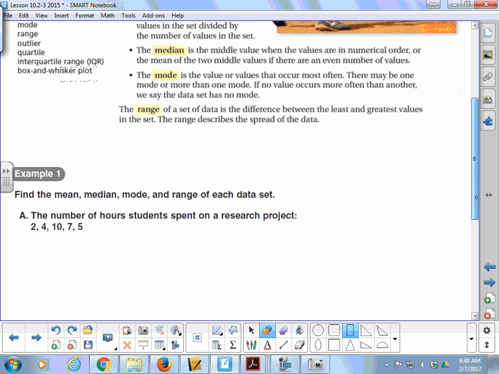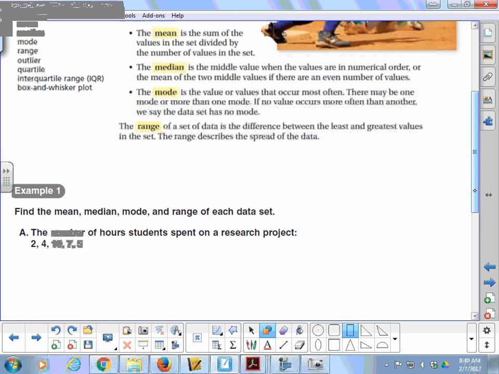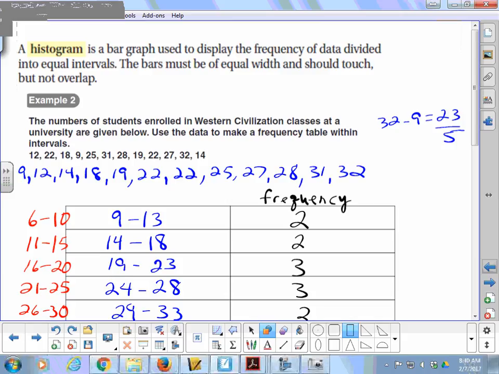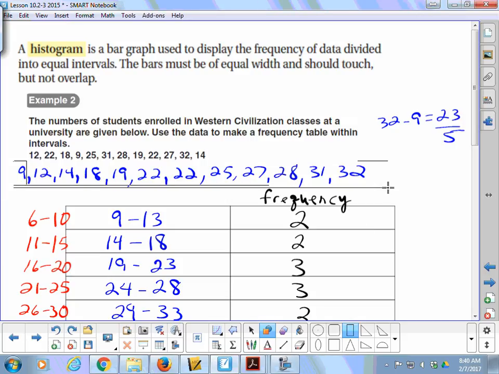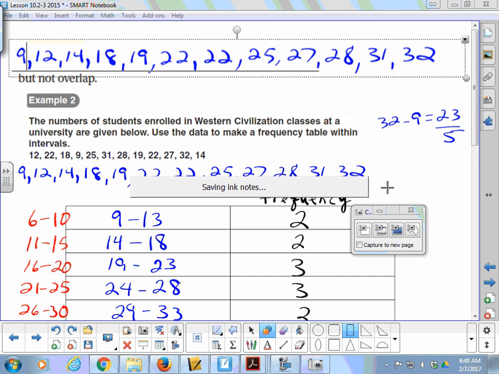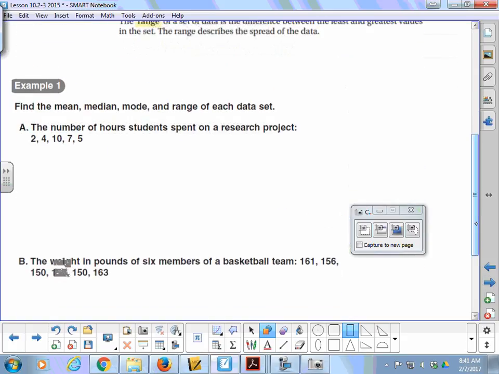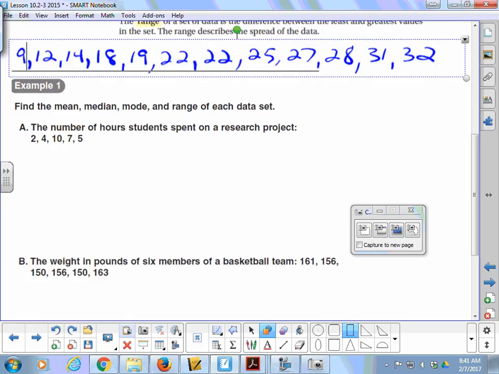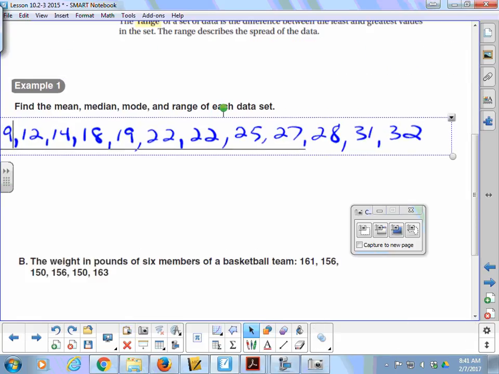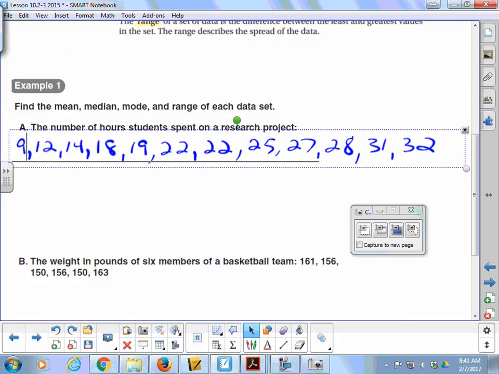All right, so let's take, we're not going to use this set of data. Let's go back here and let's use this set of data again because we just put it in numerical order. All right.